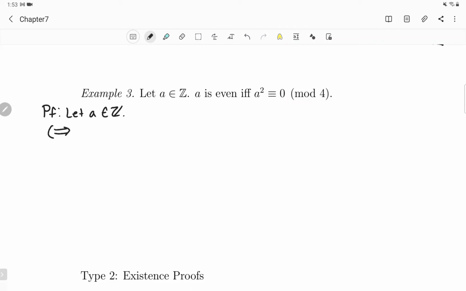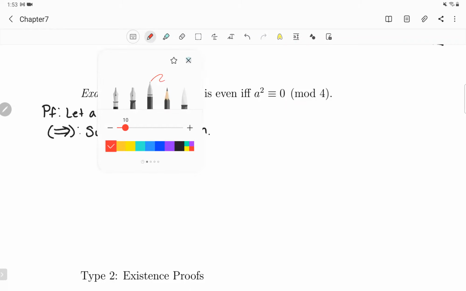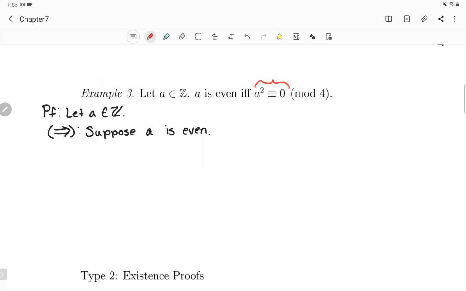So let's do the forward direction first. Let's suppose a is even. Now, as I'm working through, I'm keeping in mind that this is the same thing as saying 4 divides a squared minus 0.